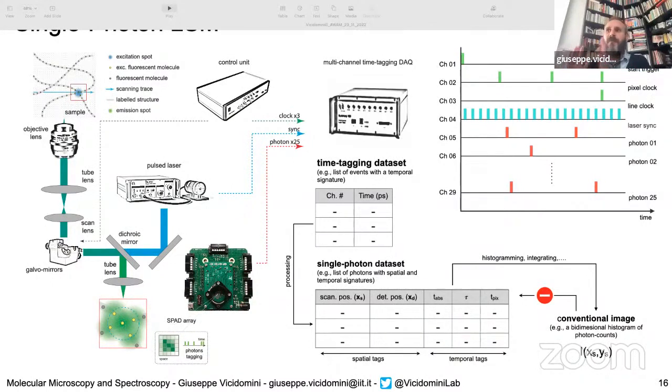But if I have a conventional representation of the data, I cannot restore the single photon data set. So this is a new way to collect data that is fully compatible with your previous way, but on the other side it has much more spatial and temporal information.